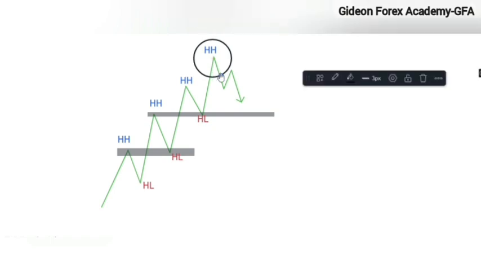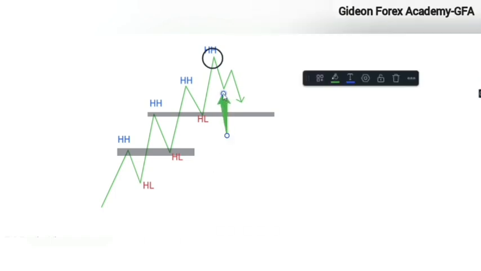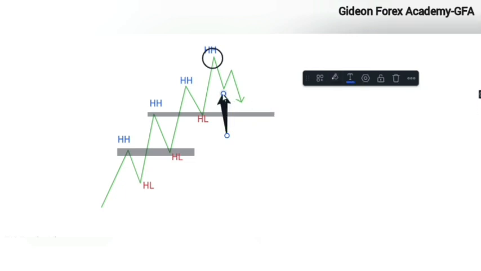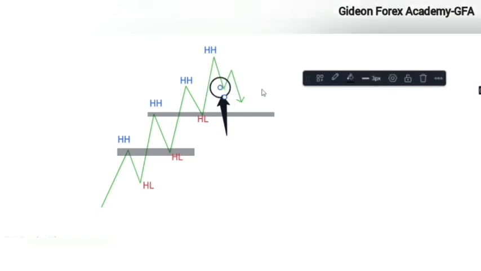All right, now there is a swing low we see happening. There is this swing low here. Ask yourself, is this a valid higher low? Does it qualify to be a higher low? I say no, it does not qualify to be a higher low.